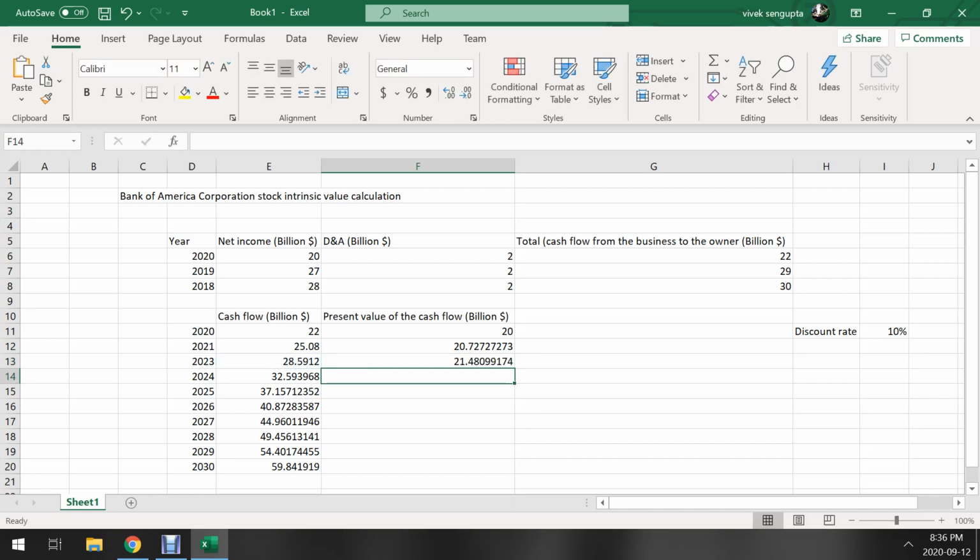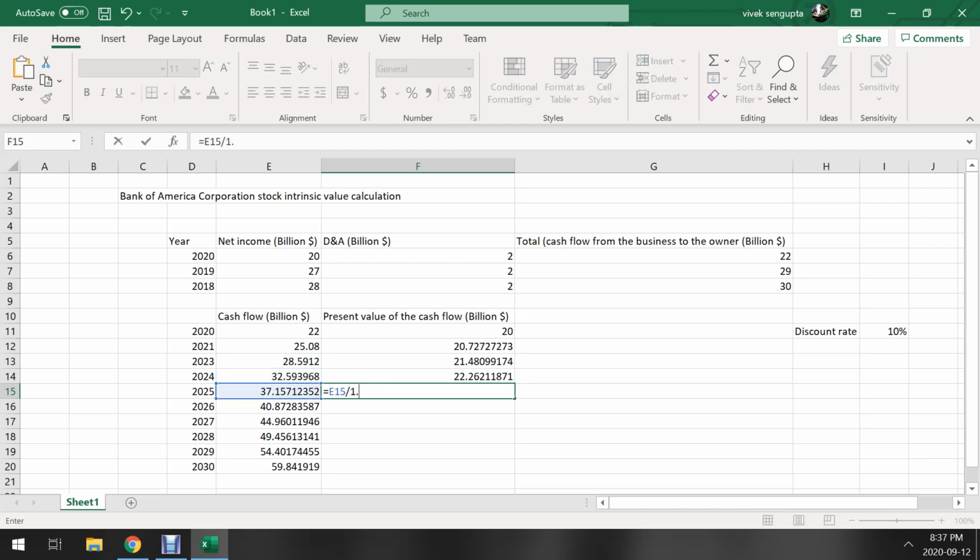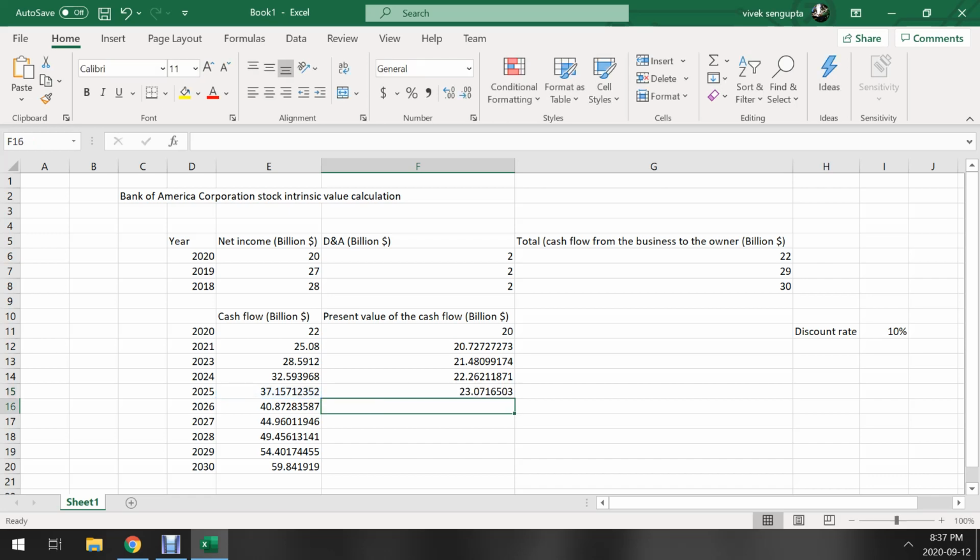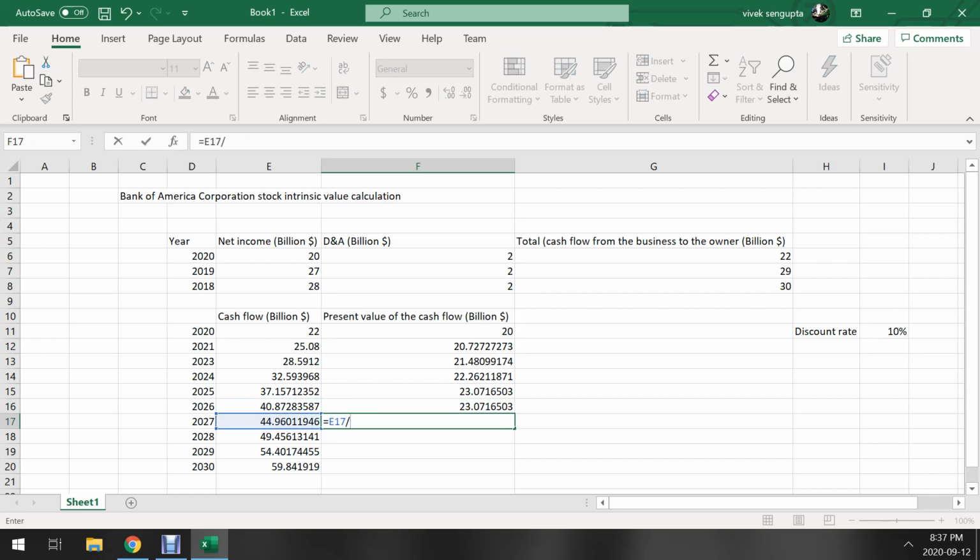Now you will do 3 like this. We do all these numbers and then 4, and then this divided by 1.1 power 5, this divided by 1.1 power 6, this divided by 1.1.